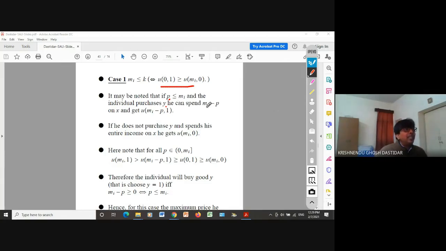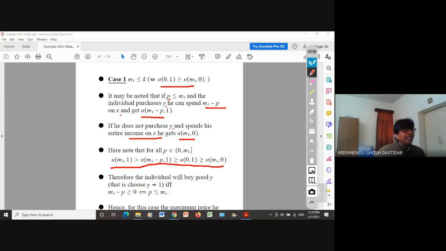So he can spend M_i minus P on X and get this utility. But if he does not purchase Y and spends his entire income on X, he will get this much utility.